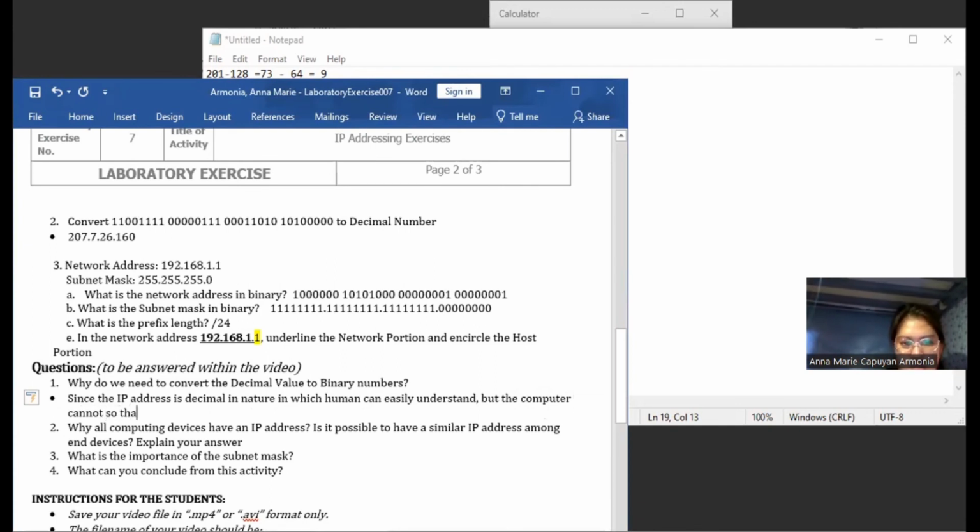So that is why we need to convert it to binary numbers.